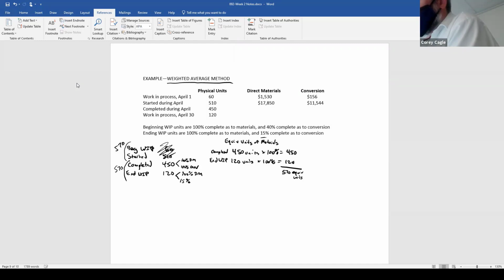So my equivalent units of materials, all 570 of them. Whatever I spent on materials, I was able to accomplish work on all 570 units. They're done. So like I said, that's an unnecessary thing to write out like I did, but just to illustrate and keep it parallel. Equivalent units of conversion is going to be a little different because all 120 of these units are not 100% converted. They're only 15% converted.